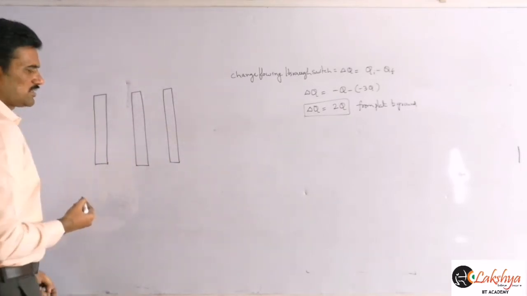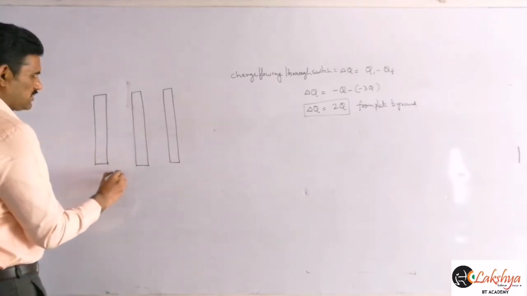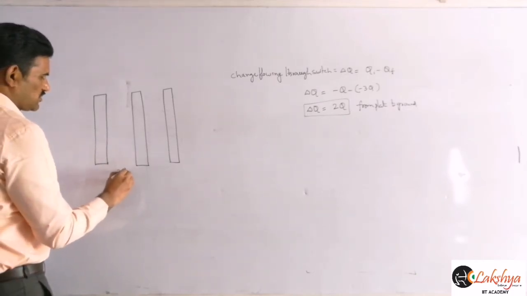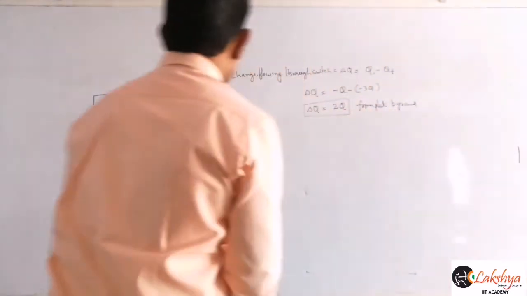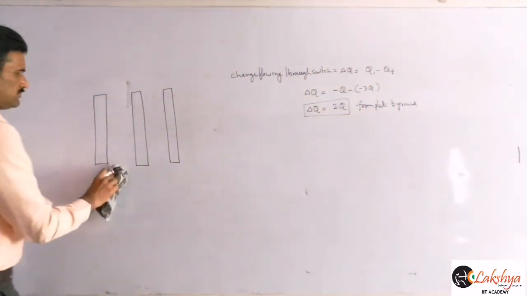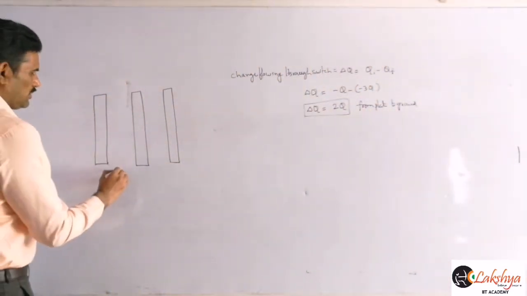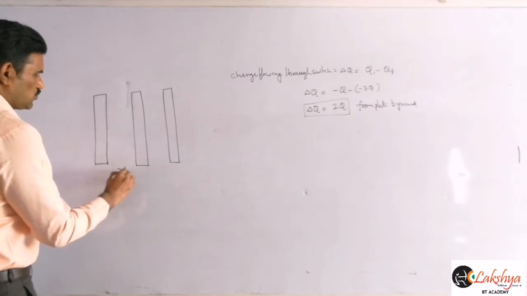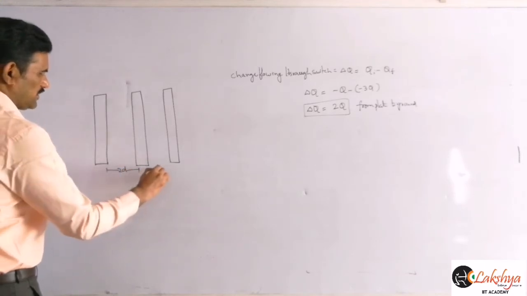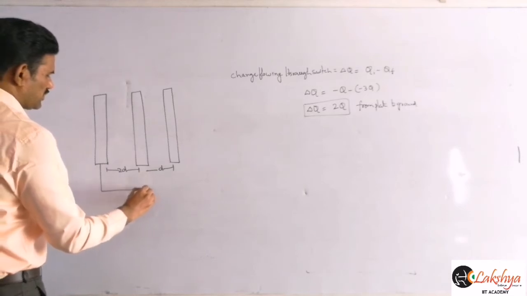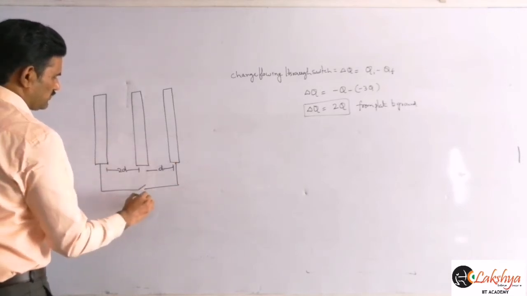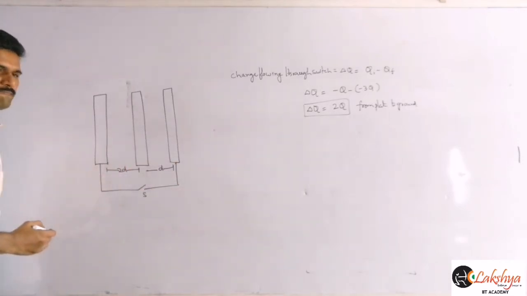For example, let us take this separation as 2d. Let us take it in terms of A and B, then you will get a general formula for this. Let us take it as 2d and d. This separation is d. Now suppose these two plates are connected by using a switch like this, right?